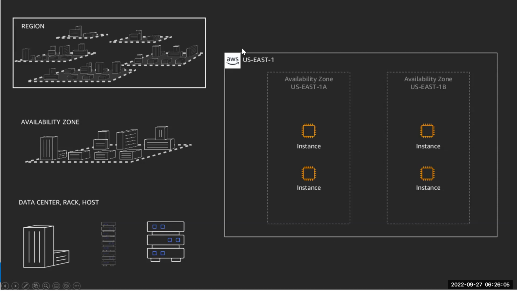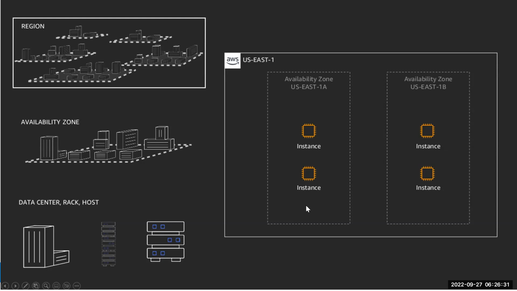This is an example architecture. Here we have EC2 instances, also Elastic Compute Cloud. No worries, we're going to look into it next week. Our instructor will lead that discussion.